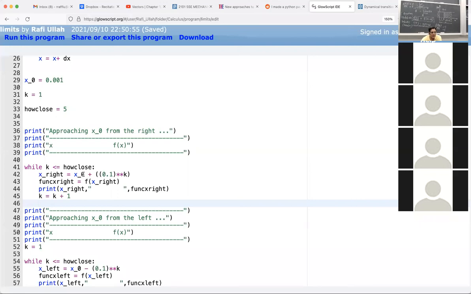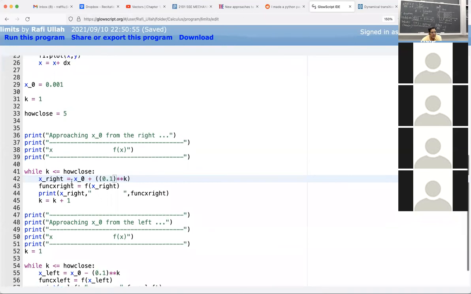So we take the x naught value, and then we add 0.1's fifth power. So that would be a very small number being added to x naught, and then we evaluate the function itself at that value, and then we just print its values, and then we keep increasing the value of k. Starting with 5, we keep making it bigger and bigger.